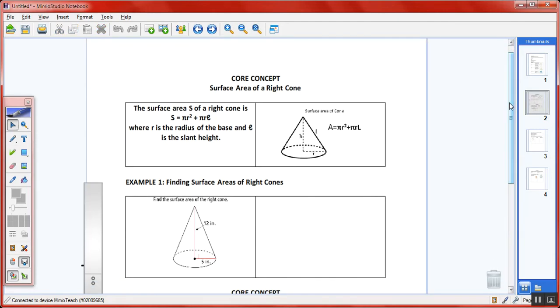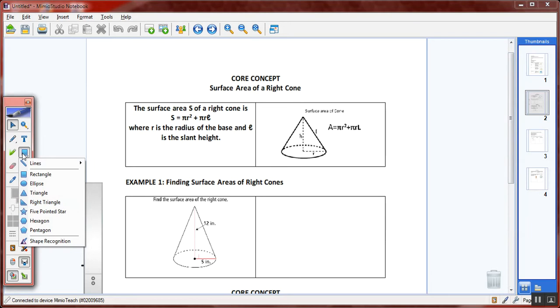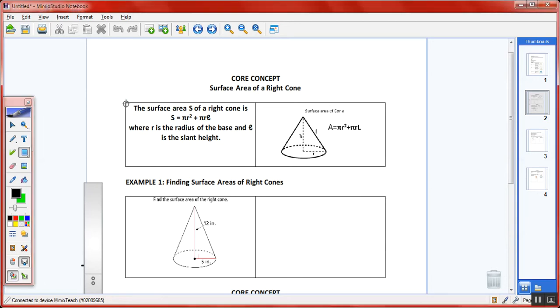Guys, first core concept we have that I think is pretty important here. Surface area of a right cone. It says the surface area of a right cone S is S equals pi r squared. That's like the area of a what, kids? That's this circular bottom right down here.